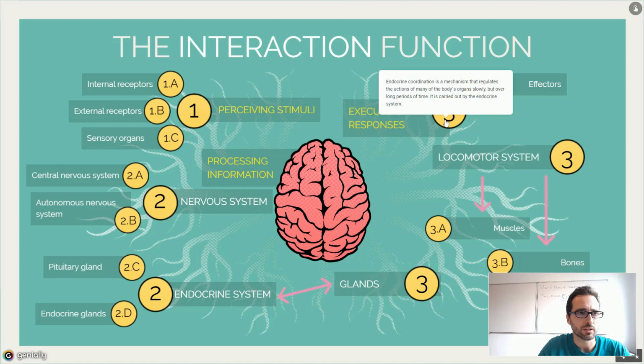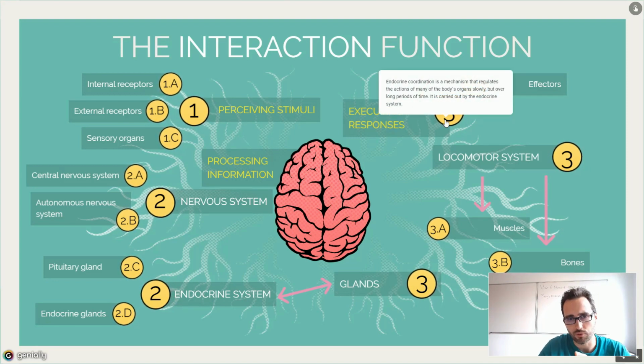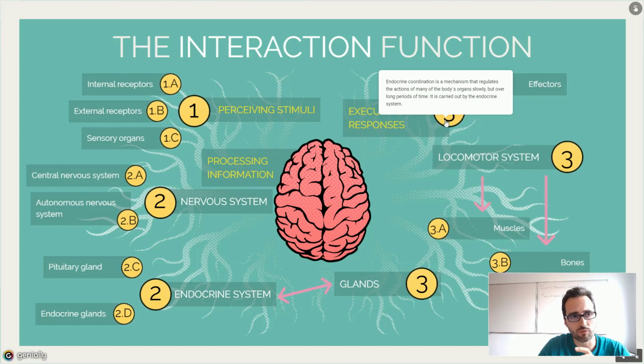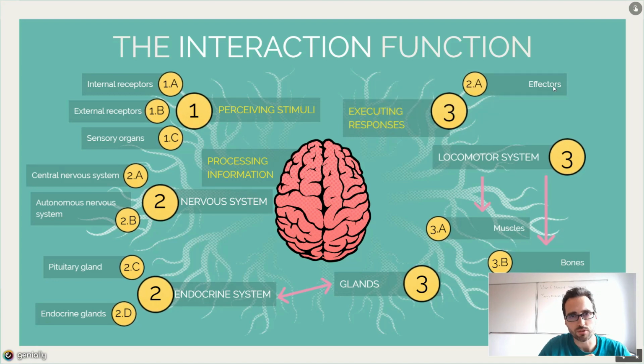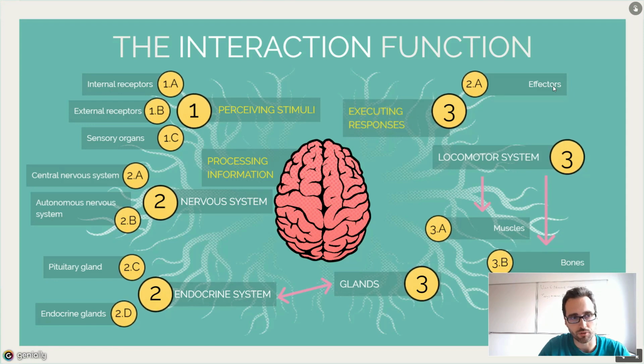Okay, the last one, executing responses, is also important, just to finalize this interaction function. For that we need effectors. Effectors are going to develop the response.